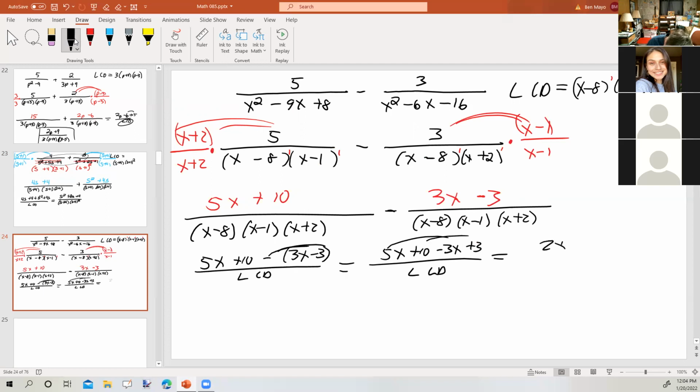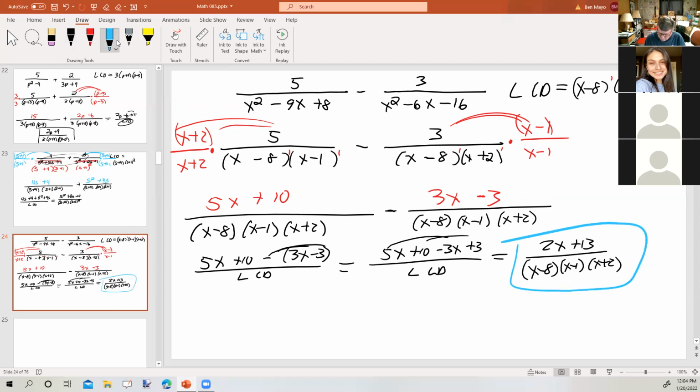Combining like terms, 2x plus 13. I don't think that's going anywhere, so I'll go ahead and write out the LCD. And when I say it's not going anywhere, you can't do anything to factor 2x plus 13. Again, any questions?